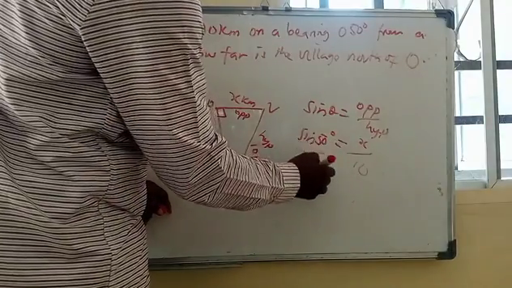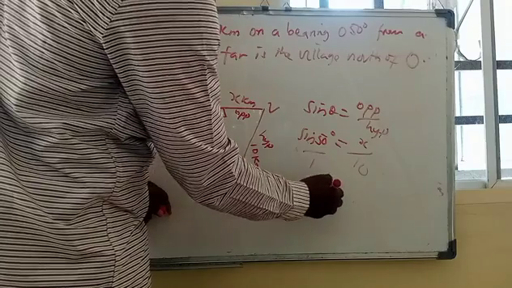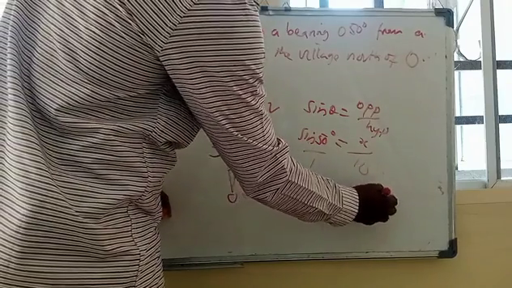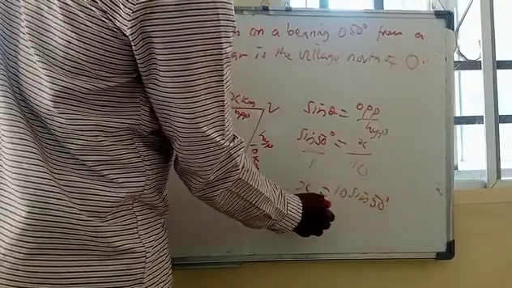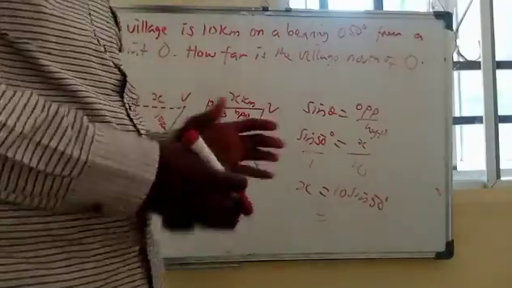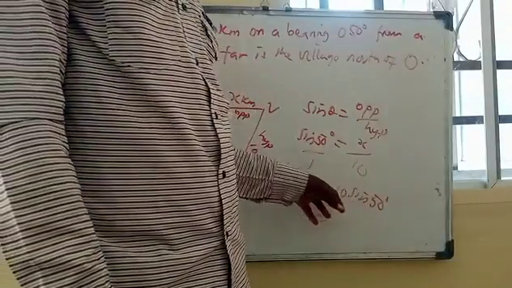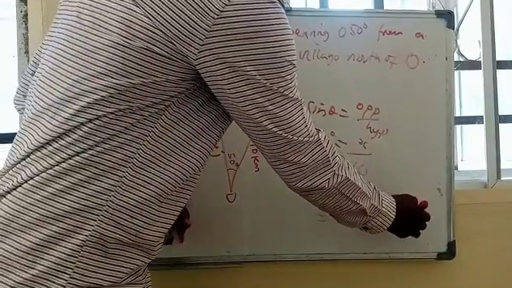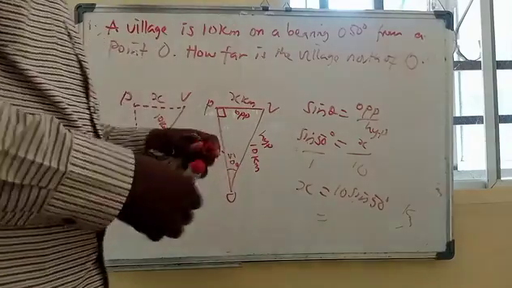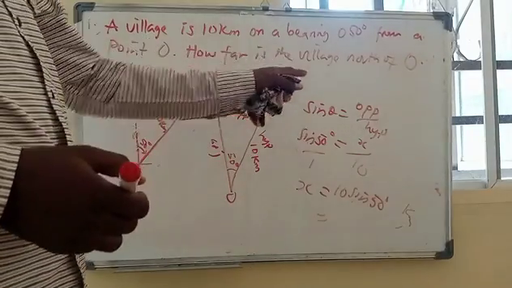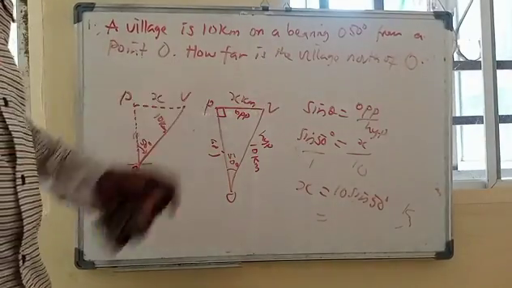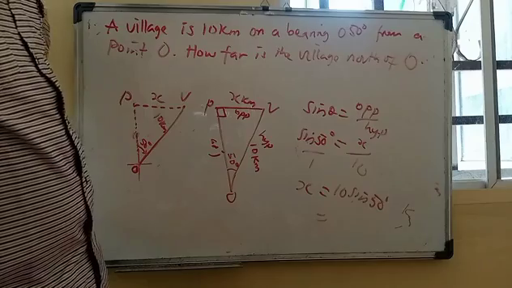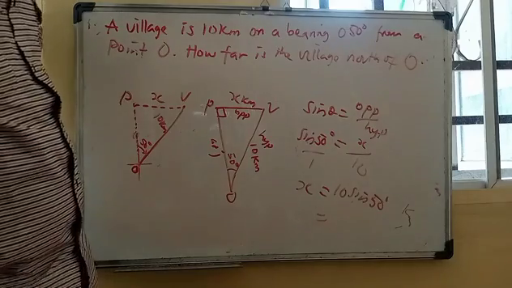If you do cross multiplication, S times 1 gives you S, and 10 times sine 50 gives you 10 sine 50 degrees. Take your calculator, calculate sine 50, and multiply the value by 10. That gives you the answer in kilometers, the distance of the village north of O. I think that answers the question. It's as simple as that.